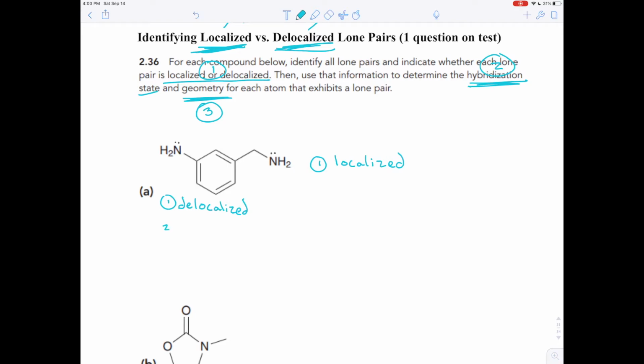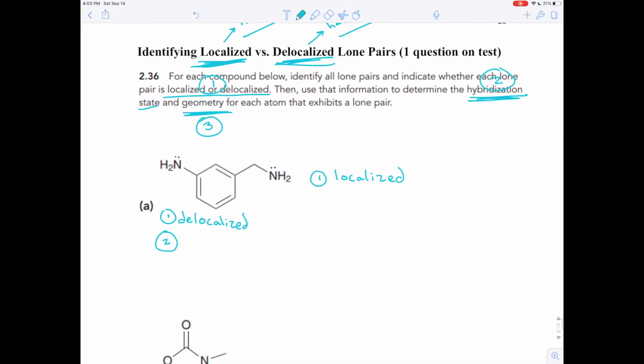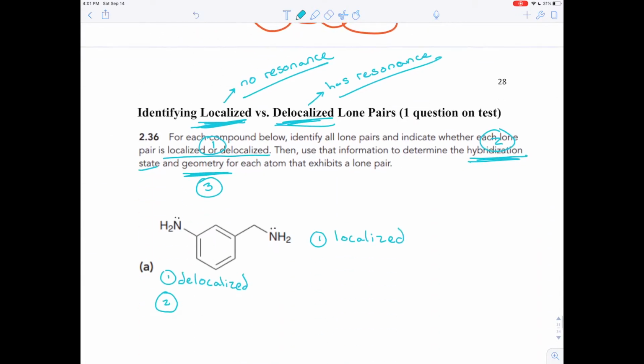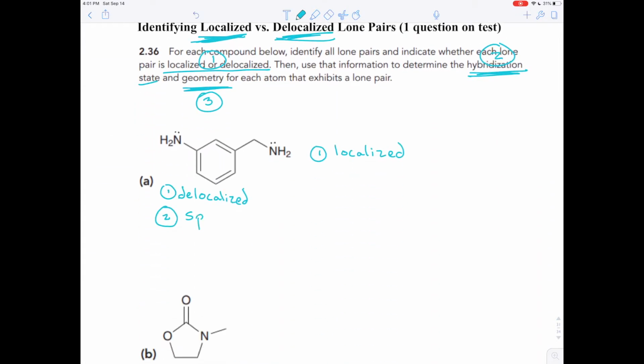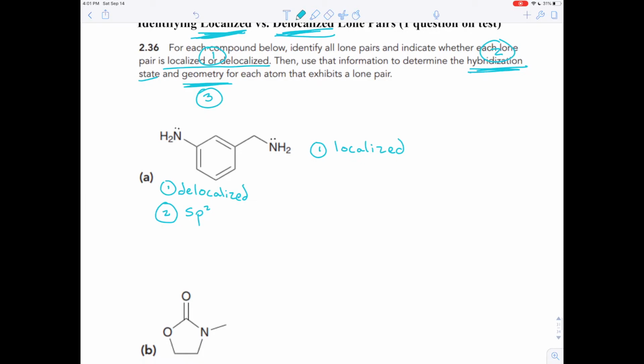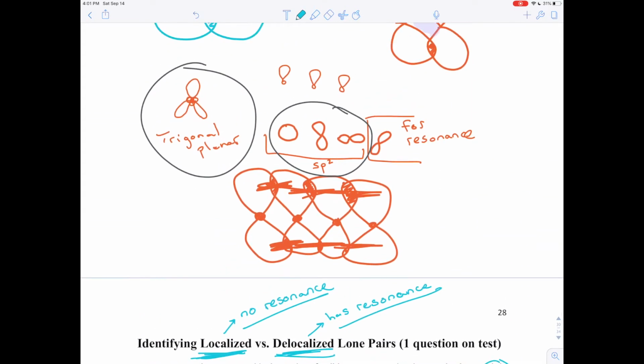Well, if these electrons are delocalized, they must exist in a p orbital that's parallel with these. And so, if it has a p orbital, only two other p orbitals can be mixed with the s to give sp2 hybridized. You only have the two other p orbitals to mix with the s orbital. And if it's sp2 hybridized, as we saw, it's trigonal planar.